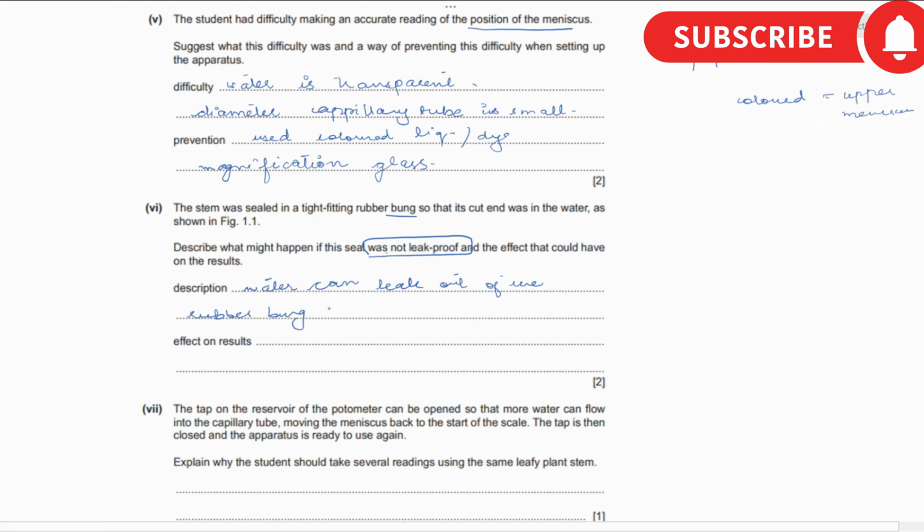And its effect would be, wait, the effect on the plant. Let me rephrase it. I'm trying to say that if the water is also evaporating from the rubber bung, then the transpiration rate won't be clear.